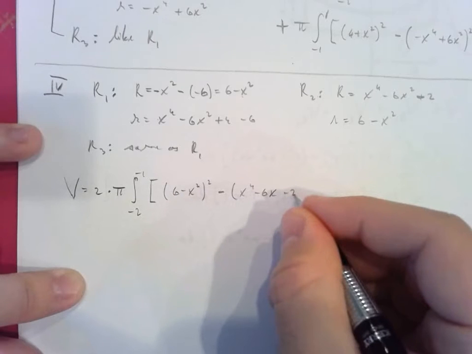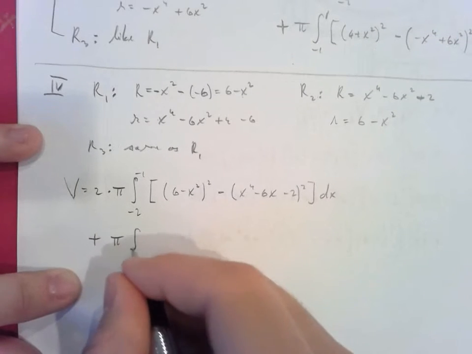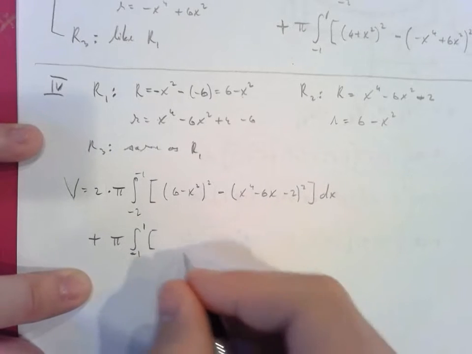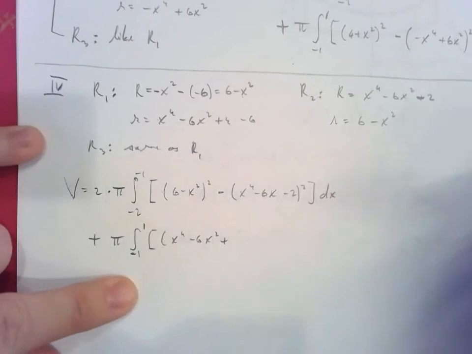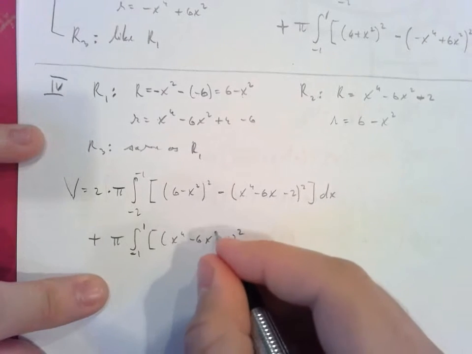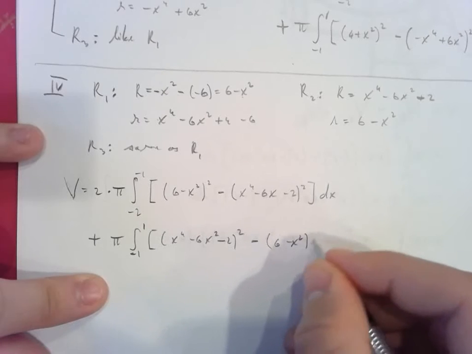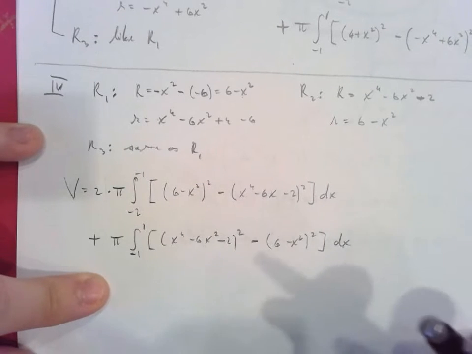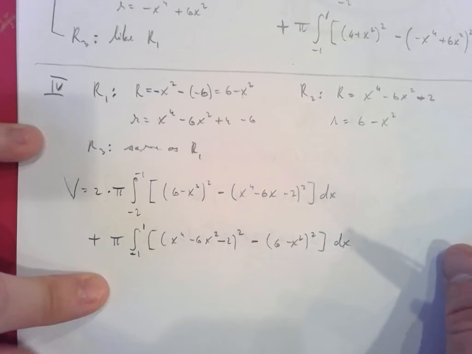The integral from region 2, so it's the outer radius, I square that, minus the inner radius squared. So that is what I'm looking at.